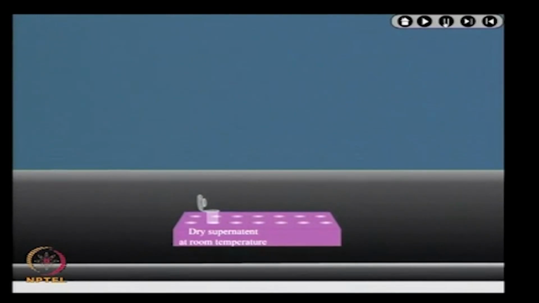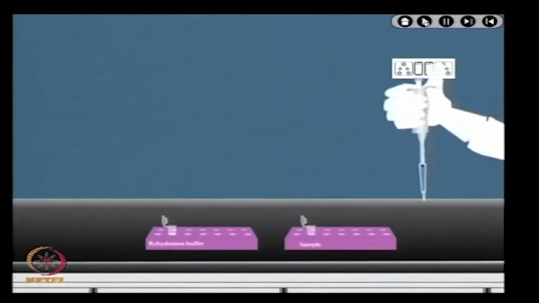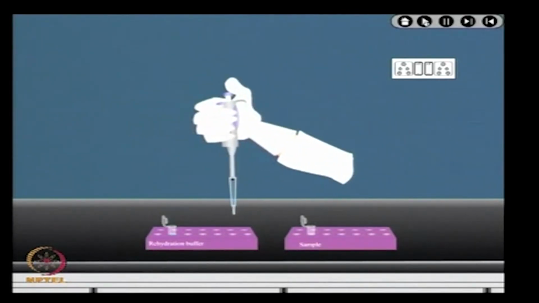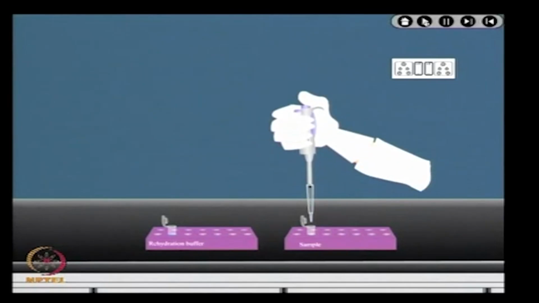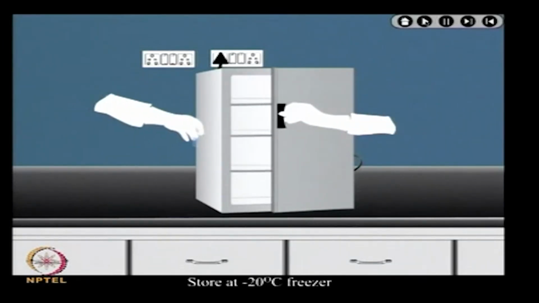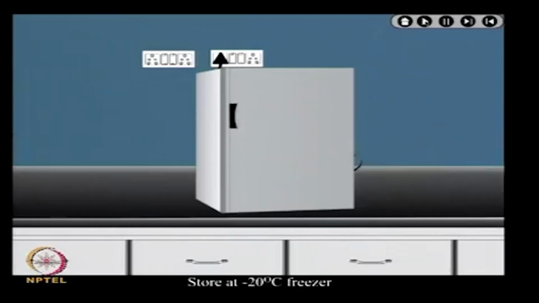You need to allow the pellet to dry at room temperature and then add the lysis buffer containing 7 molar urea, 2 molar thiourea, CHAPS, IPG buffer, DTT and bromophenol blue. Okay, so I hope this animation was informative.